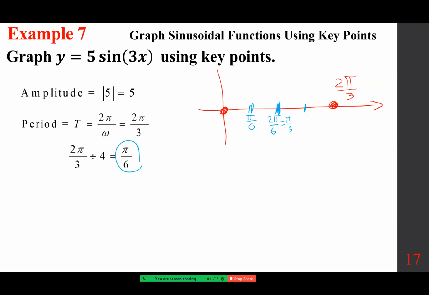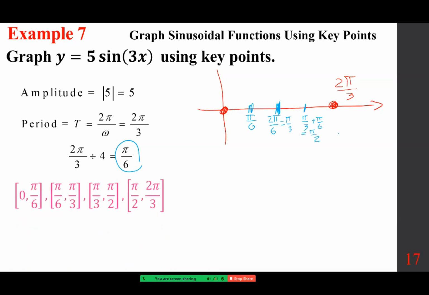Then I add another pi over 6, and I assume everybody can see it's pi over 2. So we get pi over 2 and then 2 pi over 3.